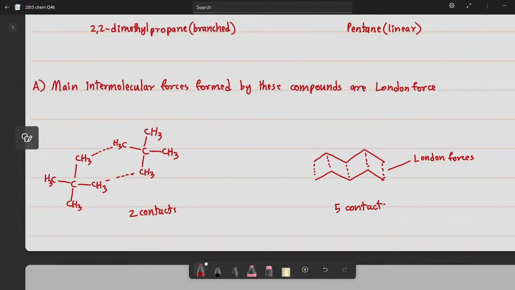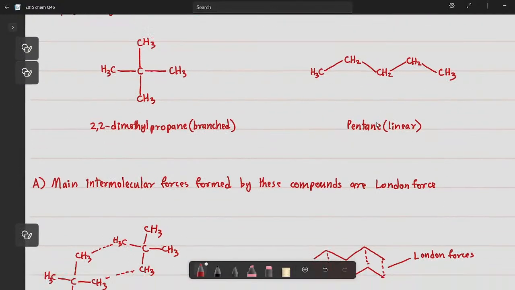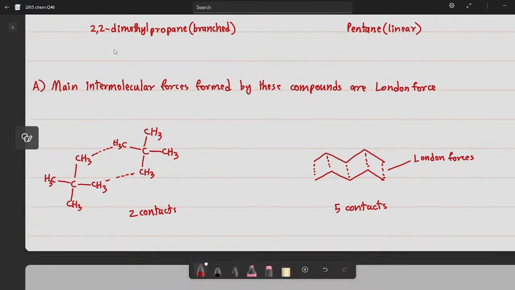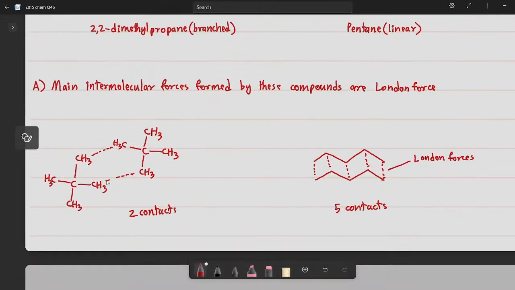So why is that? Because pentane has a larger surface area, it has more points of contact, so it can form more London forces with the other pentane molecules. Whereas 2,2-dimethylpropane, since it's a highly branched molecule, can only form very limited contacts with other 2,2-dimethylpropane molecules.